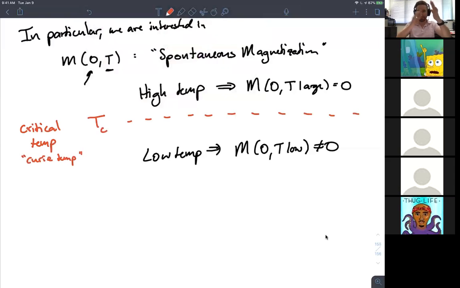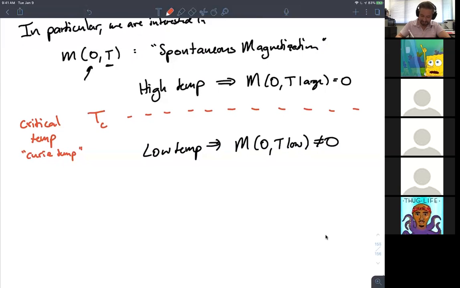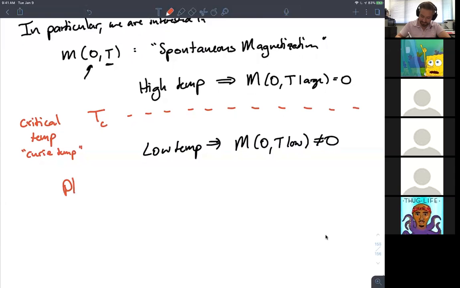So if you're above that critical temperature, you've got no spontaneous magnetization, and once you hit that critical temperature and go below, you do get spontaneous magnetization. This is what is referred to by physicists like ourselves as a phase change.